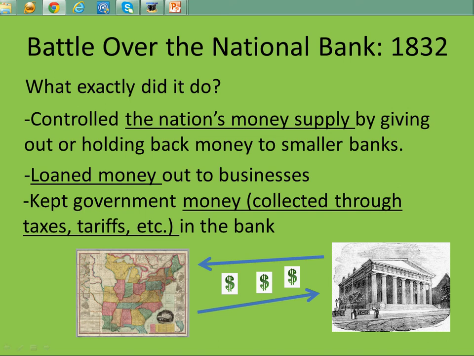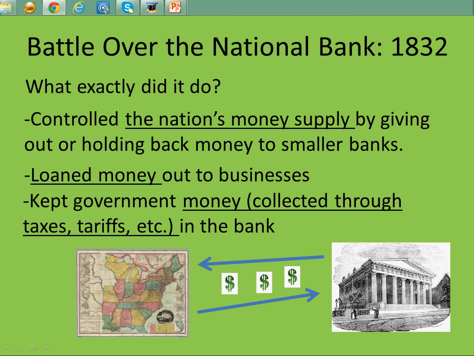They loaned out money to businesses, and they would either give out money to the smaller banks or take some of it back. This is pretty much what the Federal Reserve does today to make sure we don't have too much inflation, which can cause problems in the economy, and too many issues monetarily.